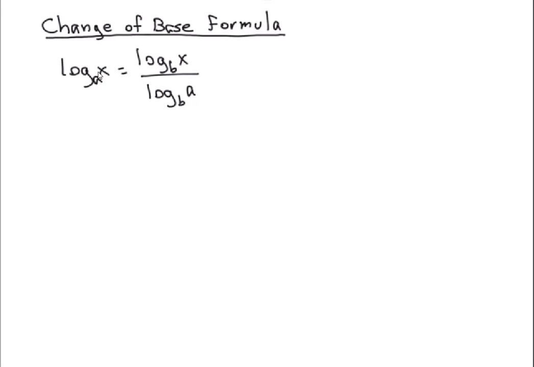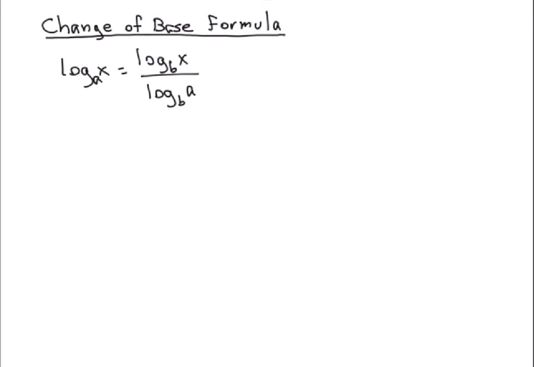Okay, so if we start with something that's in base a, we can switch it to base b by the numerator is the log of what we originally started with. The denominator is the log of the previous base.